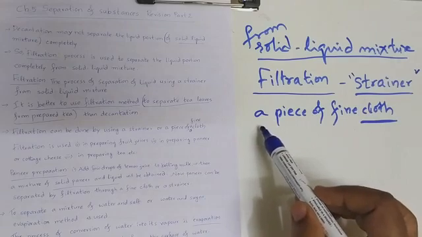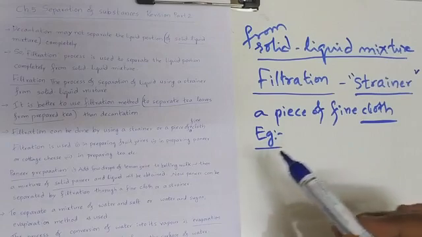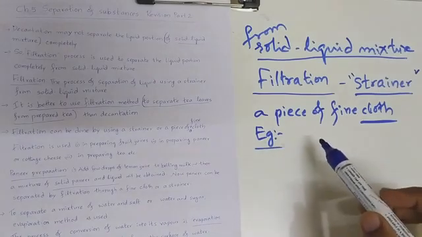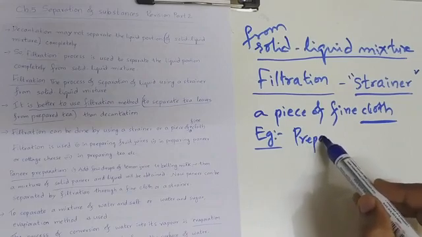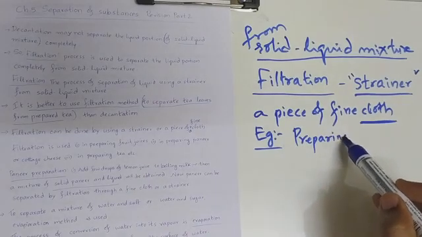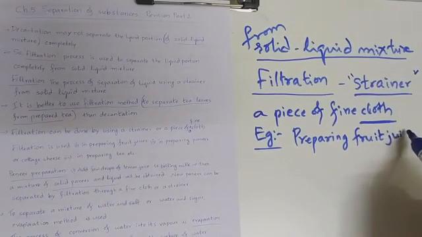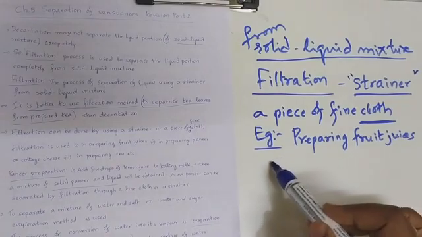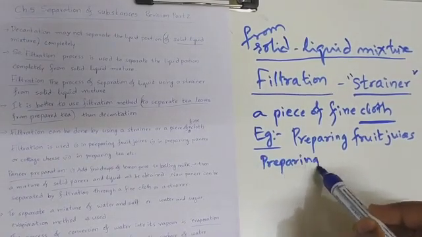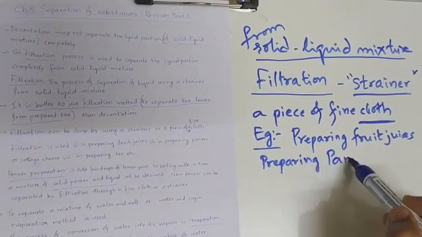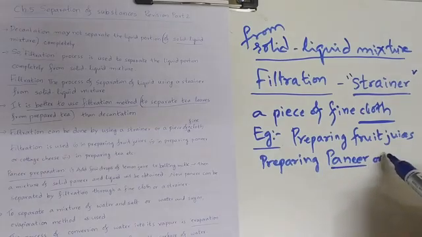So the examples of where we are going to use filtration: preparing fruit juices. Next, preparing paneer. And paneer is also called cottage cheese.